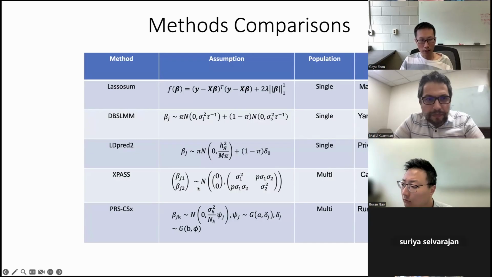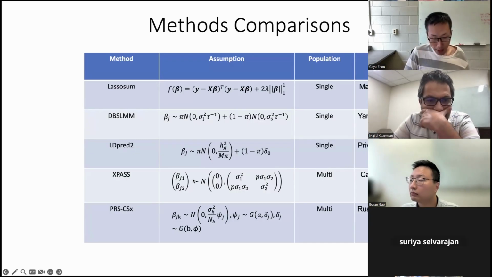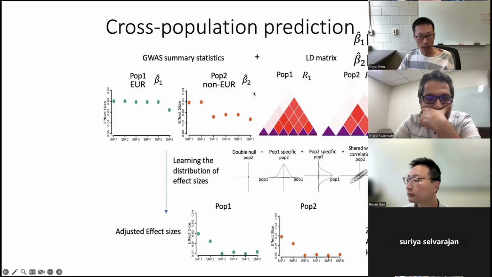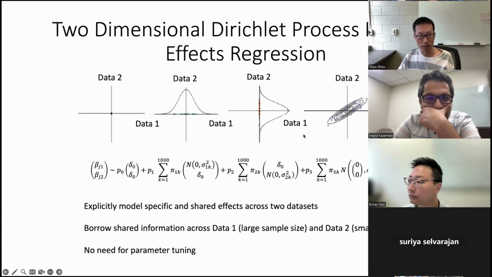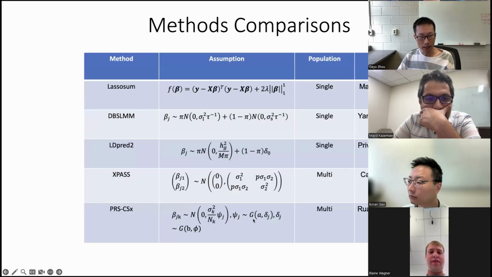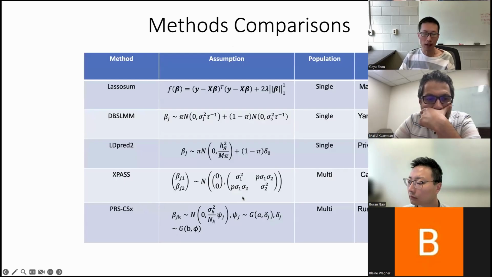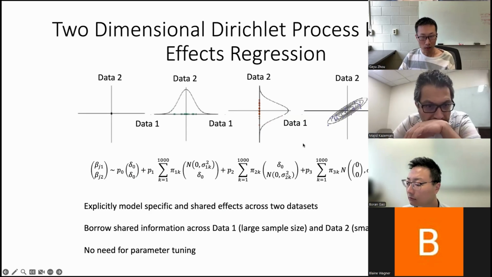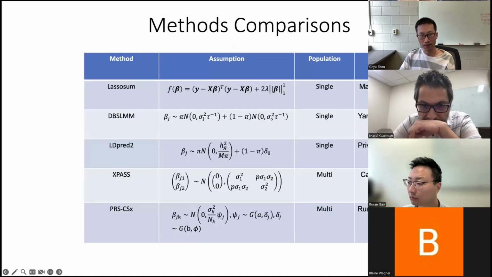XPASS assumes the SNP effects follow a bivariate normal distribution in the two populations, but it does not assume population-specific terms or zero terms. And PRS-CSx is an extension of PRS-CS to multiple populations. The difference between PRS-CSx and our model is that we explicitly set up a parameter rho to capture the genetic correlations.